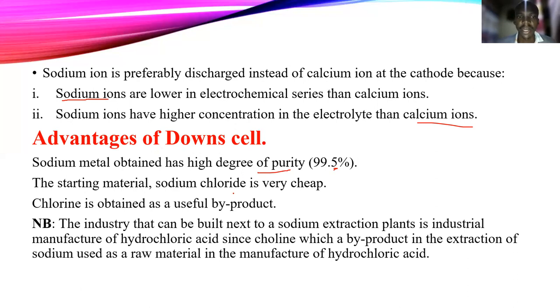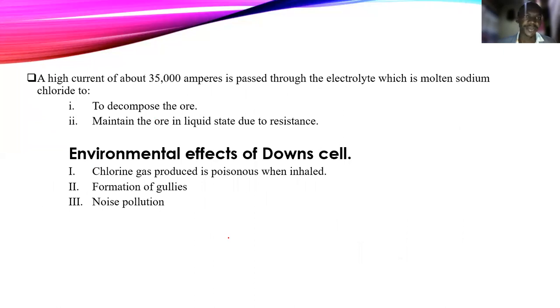You should know that it is the manufacture of hydrochloric acid, because chlorine gas, a byproduct of the Downs cell process, is a raw material in the manufacture of hydrochloric acid.